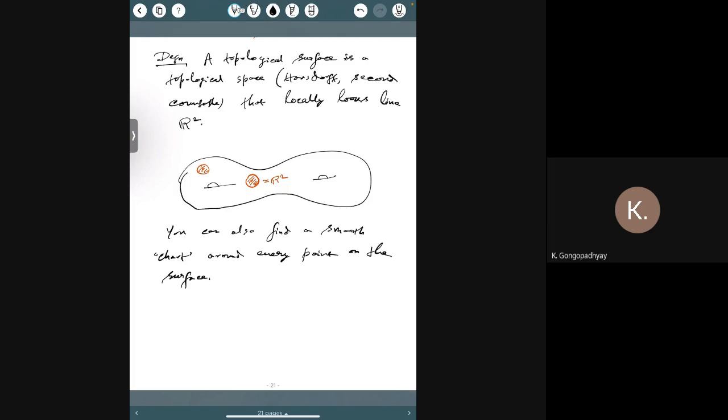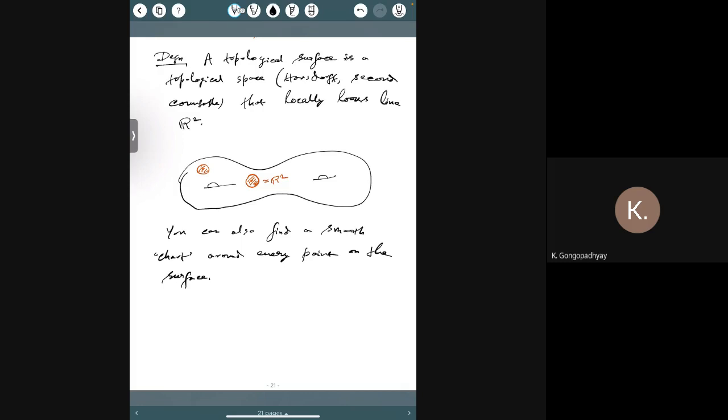So this is an intuitive description of surfaces. I have already told you how surfaces can be glued to each other. Now, the starting point for us here is the following.